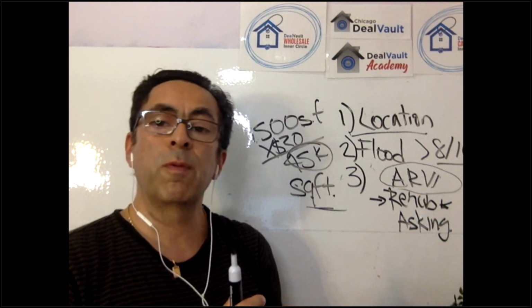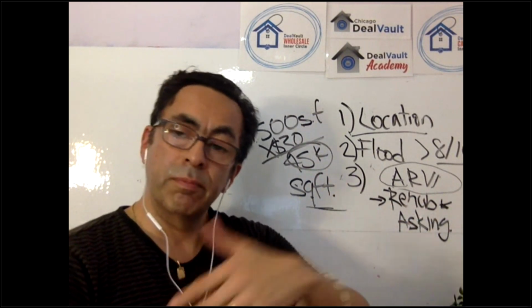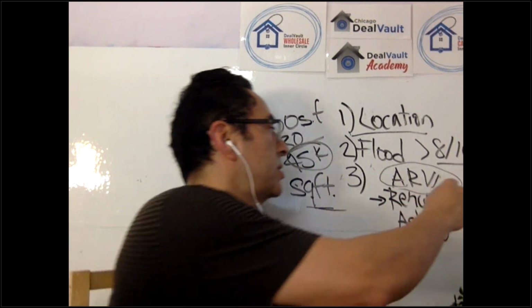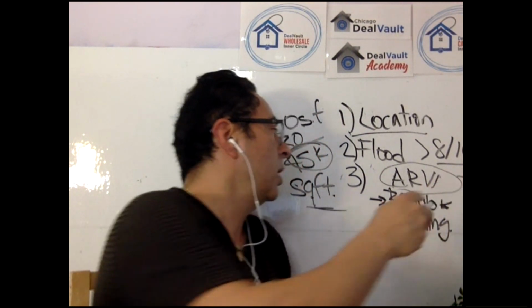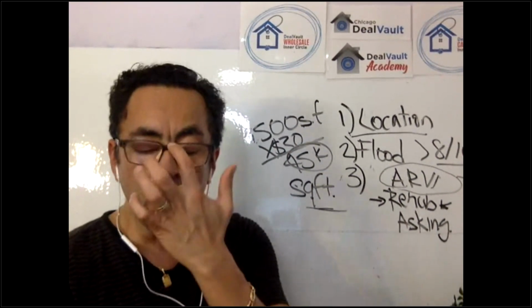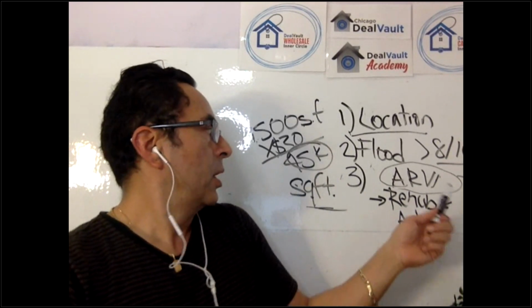And you're going to look at properties that sold in the last 6 months. This is the rule of thumb. You can go back as far as 6 months to find comps, and you can find them in ChicagoDealVault, Redfin. We're going to go over some examples.